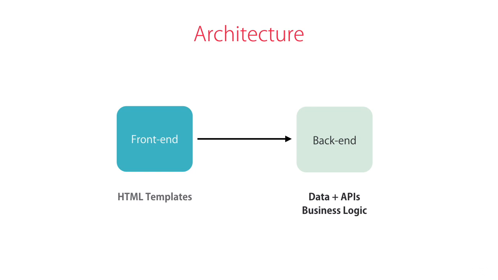So here we have our HTML templates, as well as the presentation logic of our application. This logic is all about displaying data and responding to user actions, like what should happen when the user clicks on a button or navigates away from a page. These are examples of the presentation logic, or the logic that is all about the presentation aspect of an application.